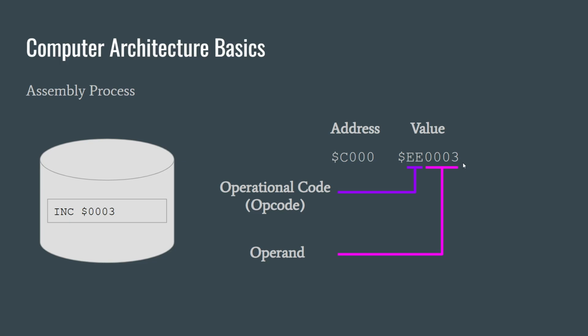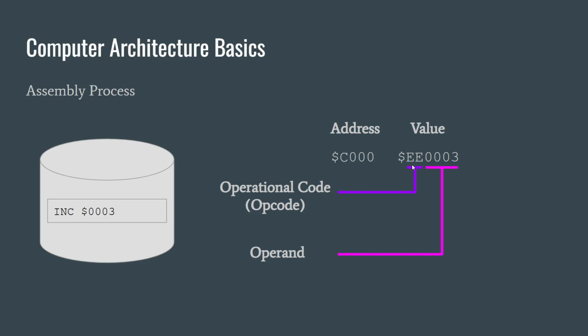The second part of the instruction is going to be the operands, or operand, or maybe none. Some instructions don't have an operand. Some will have multiple operands. But the operands are the data that the instruction is going to execute on. So in this case, this increment instruction is incrementing a RAM address.